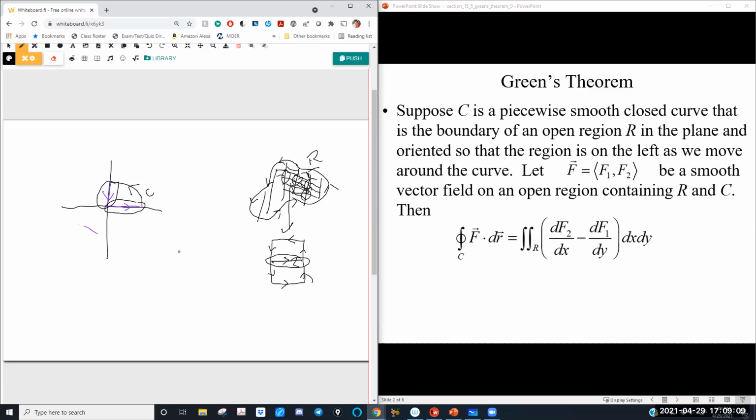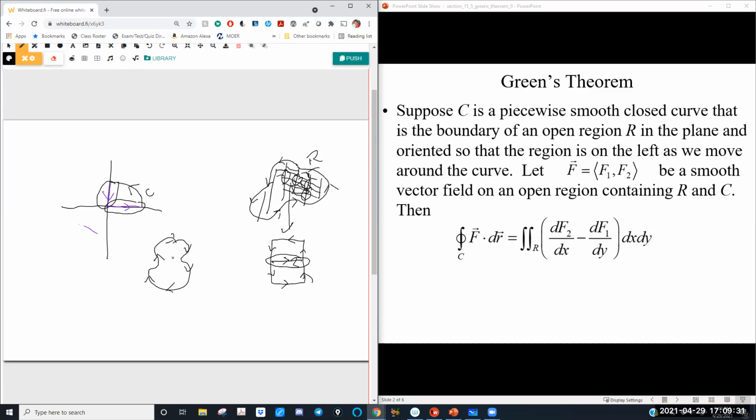The other thing I want to mention is if your region is not going counterclockwise. If it's going clockwise, well, Green's theorem says it's supposed to be going counterclockwise.